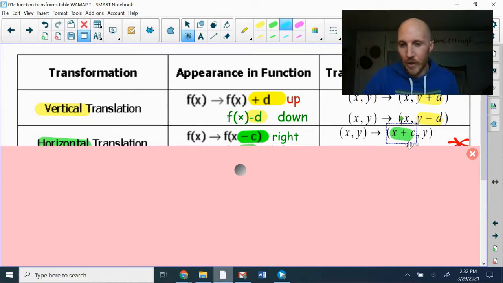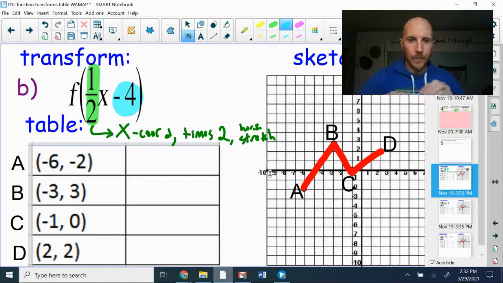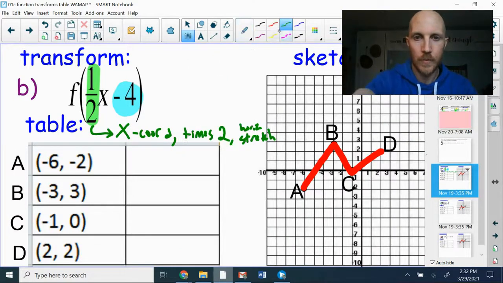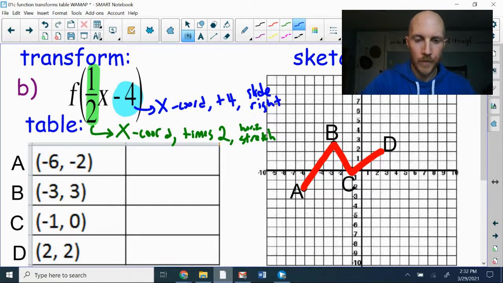The function notation says minus, so we need to add that c value to the x coordinates. X coordinate plus 4, slide right.